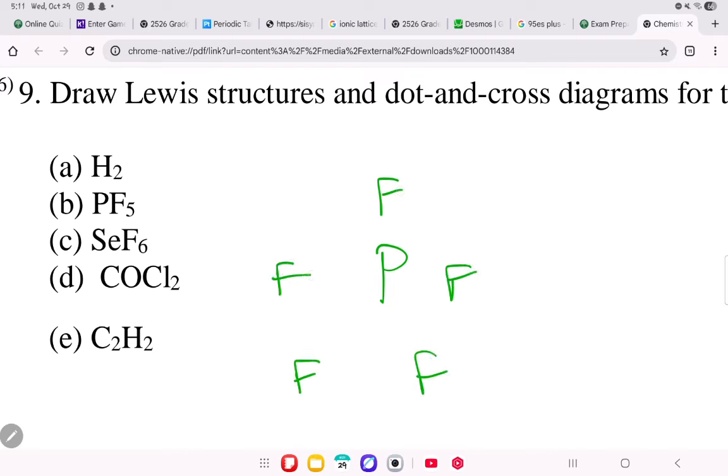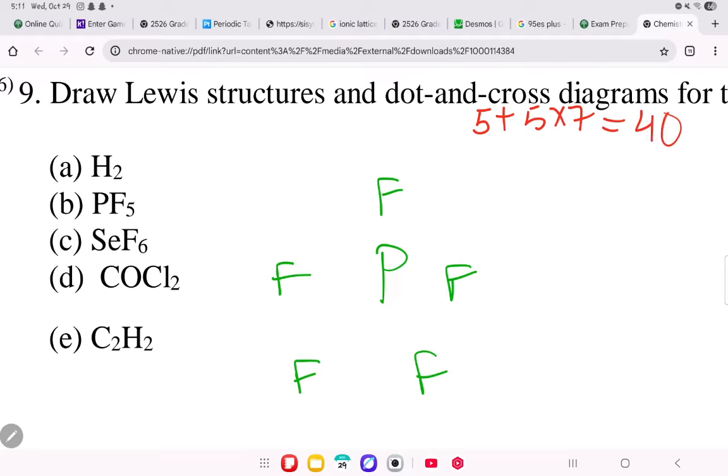Now, we start by counting all of the groups. So phosphorus is in group 5, plus fluorine is group 7, and we have 5 fluorine, so plus 5 times 7. And there's no charge, so it's only going to be 5 plus 5 times 7. How much is that? That's going to be 40.